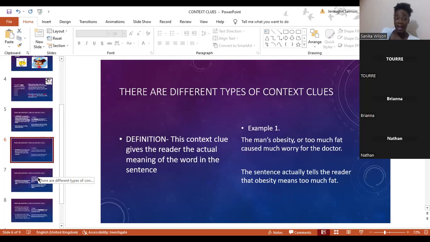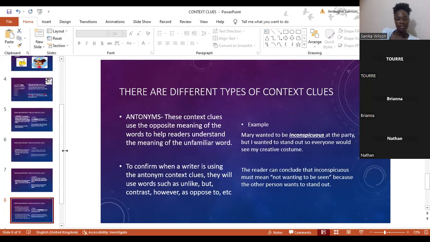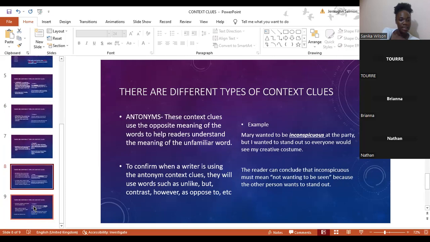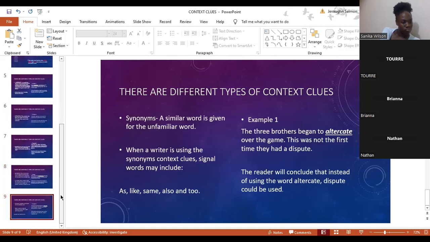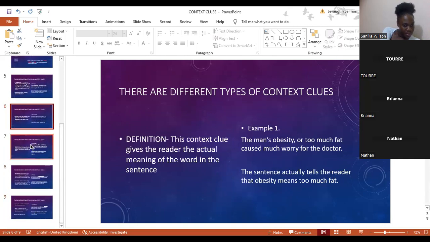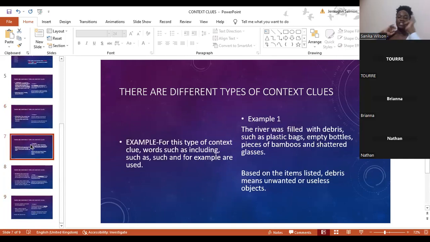Okay, so I guess you're all right. The E means, all right, so somebody can't spell idea. Somebody messed up the slide. Oh yeah, it's right here. So the E means example, all right?